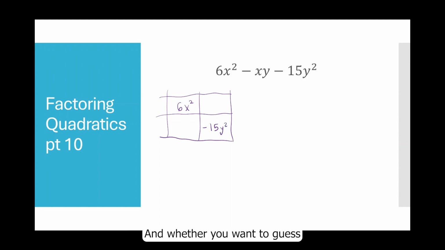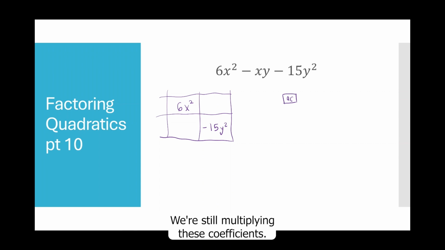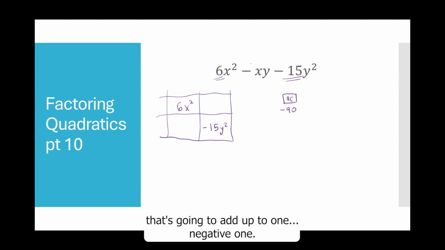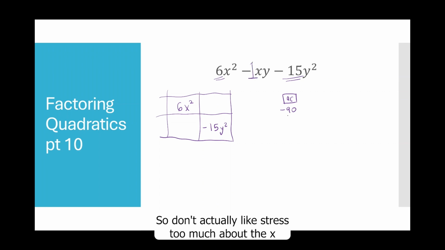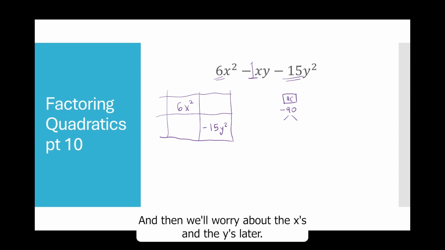And whether you want to guess and check or use the AC to figure out how to break this guy up, we're still multiplying these coefficients. And we're looking for something that's going to add up to negative 1. So don't actually stress too much about the x and the y yet. Worry about your coefficients to start, and then we'll worry about the x's and the y's later.